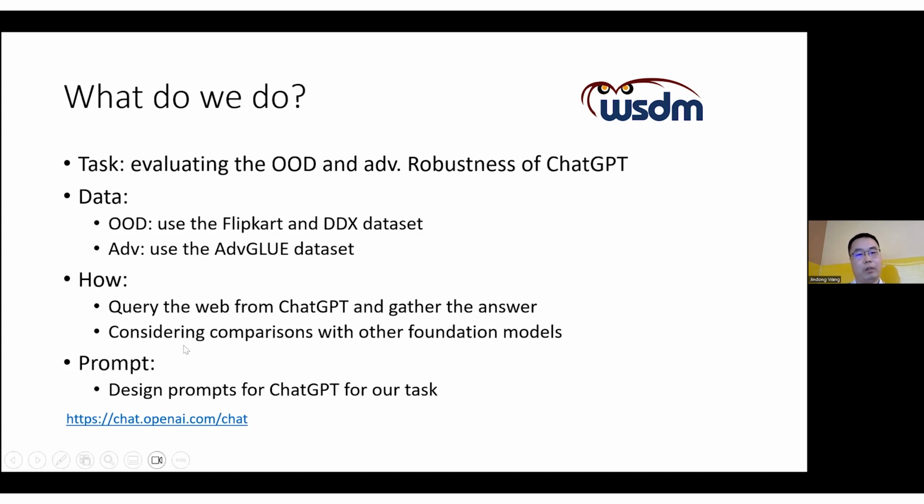So the most important part here is to design the prompts for ChatGPT for our task. It's the most tricky part. And thanks to our colleagues, we do this work well by designing different prompts to gather the results. So basically that's what we do in this evaluation.